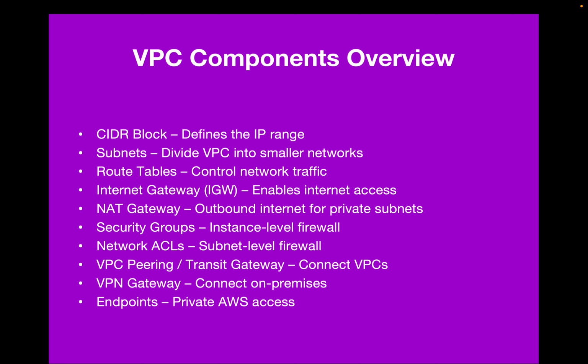So if there's a range of IPs, like I want to have a CIDR block of 10.0.0.0/24, that defines a range of IPs. Let me know if you want a separate video on this CIDR block as well. But as of now, we are good to go, and we do not need to delve deep into it.